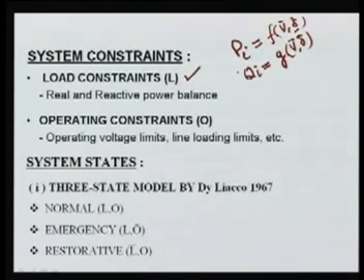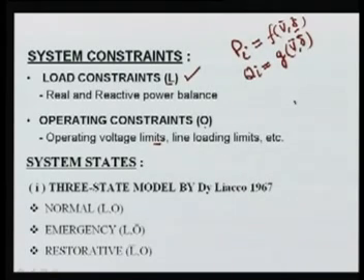So load constraints are related with this, that will be satisfied. Another is your operating constraints, and we can denote as O, and here the load constraints we can denote as L. Here this O includes your operating voltage limits, that is the voltage limit at each bus.